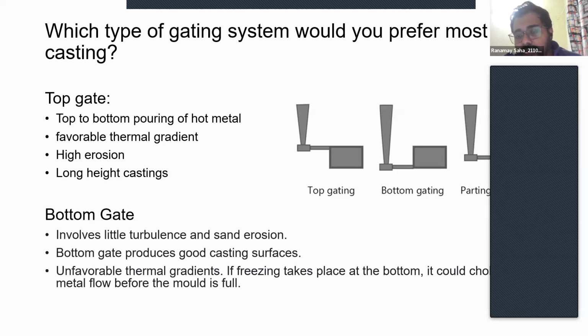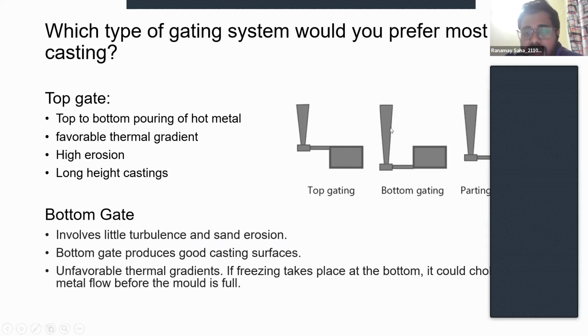So the top remains hot and the bottom gets solidified. So in the inside, there is a lack of feeding of molten metal. This bottom gate system produces some defects out of that. These are called misrun or cold shut in casting, which we will be reading, which will be taught later on. So that's the major problem with the bottom gating system.